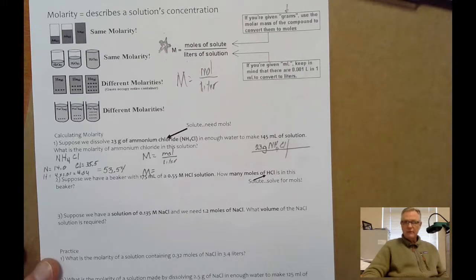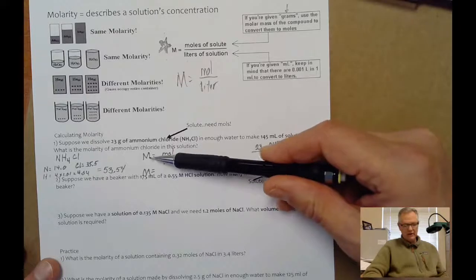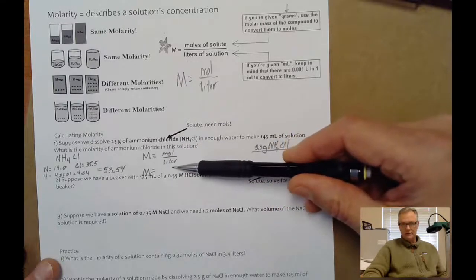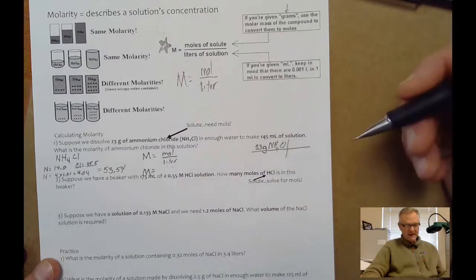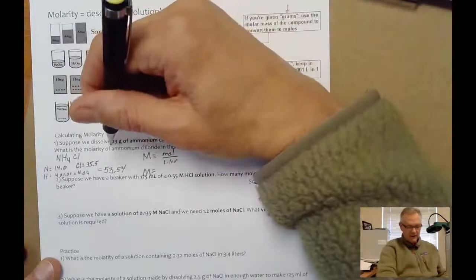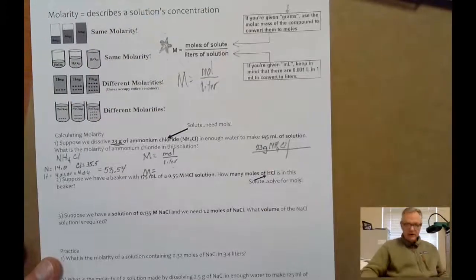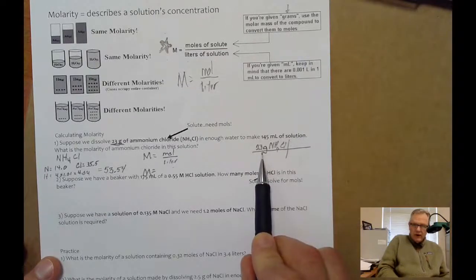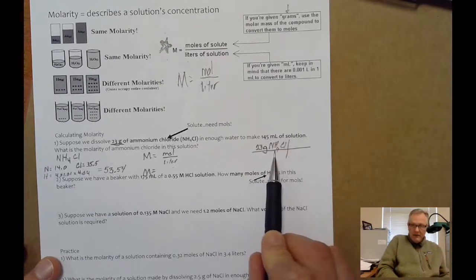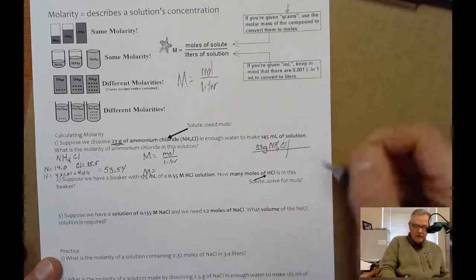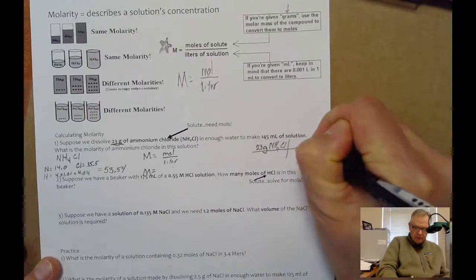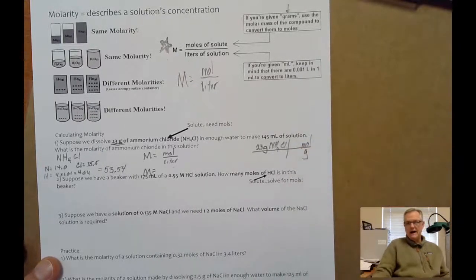It asked me for molarity, so I wrote down molarity is equal to moles over liters. But I am not given the moles. I'm given 23 grams, so I'm going to convert that into moles by determining the molar mass.